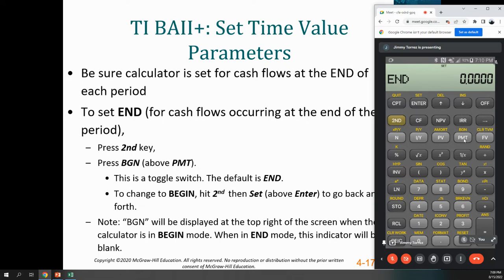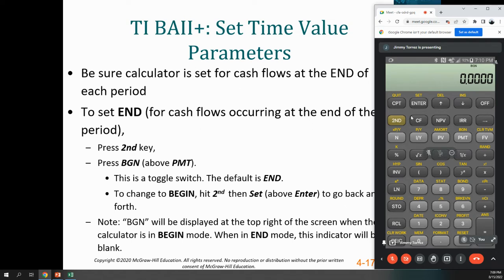To change, I'm going to hit second and then hit set, which is the enter, and it changes to begin. Now, I don't want begin, but just to show you, when we're doing something with begin, I'm going to have BGN right here. So begin mode shows here, and of course, end mode is the default and nothing will be indicated. So right now we're in begin.